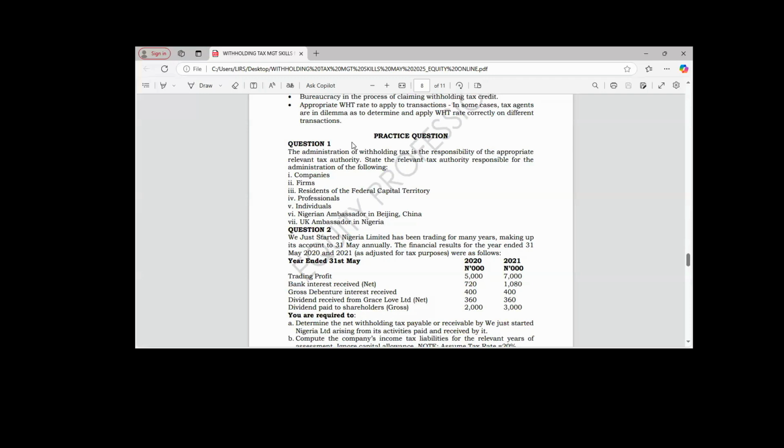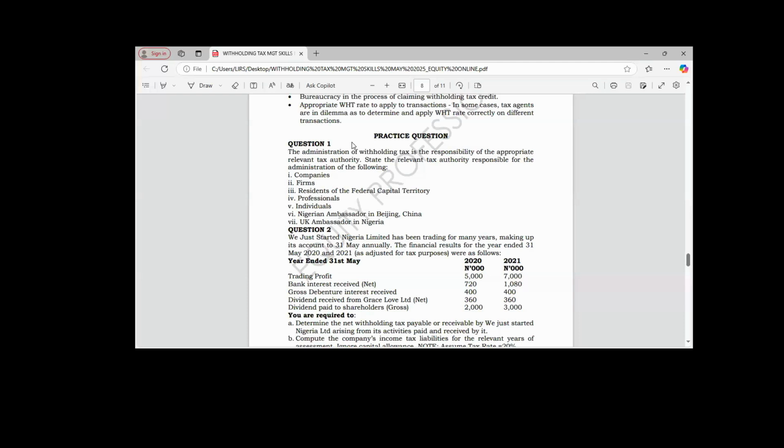The question goes thus: the administration of withholding tax is the responsibility of the relevant tax authority. State the relevant tax authority responsible for the administration of the following: one, company; two, firm; three, resident of Federal Capital Territory; four, professionals; five, individual; six, Nigerian ambassador in Beijing, China; seven, UK ambassador in Nigeria.